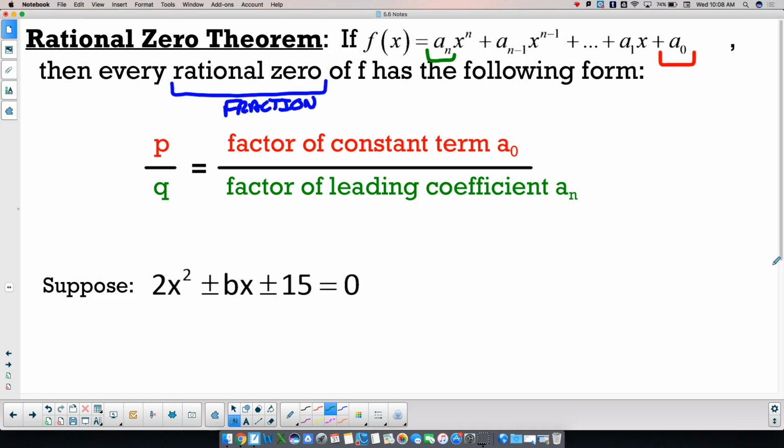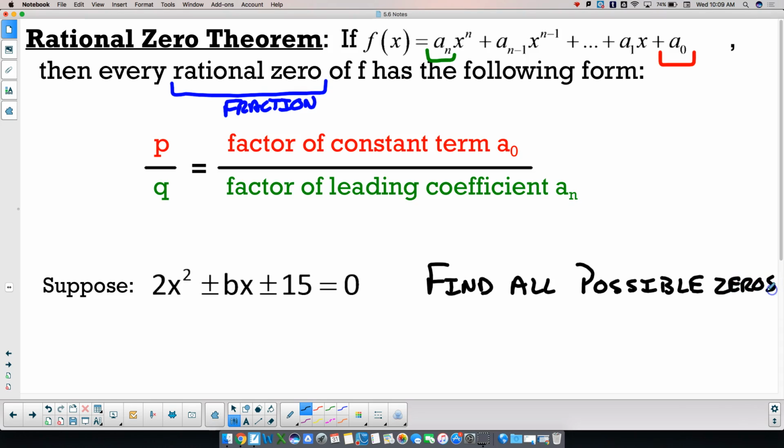So if I need to find all the possible zeros, I look at the right side, which is the number that comes at the very end.